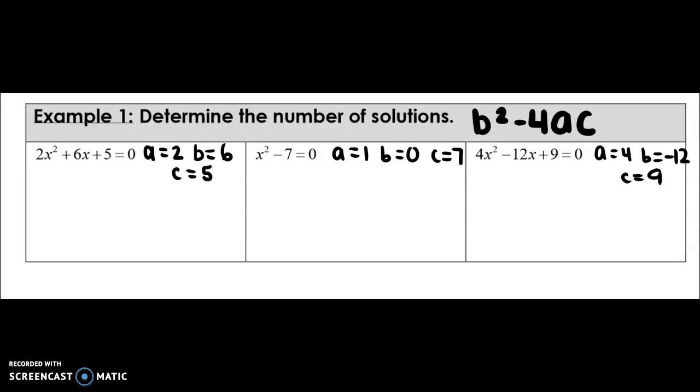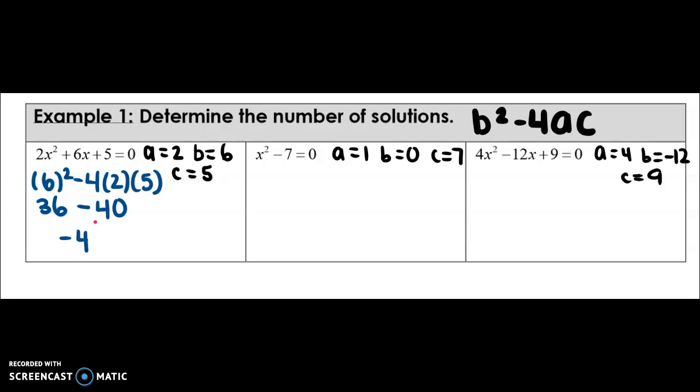Let's find the value of the discriminant in example 1. So using b squared minus 4ac, I'm going to substitute 6 into b squared minus 4 times 2 times 5. Now we know 6 squared is 36, 4 times 2 is 8, and 8 times 5 is 40, and we know that 36 minus 40 gives us a negative 4.